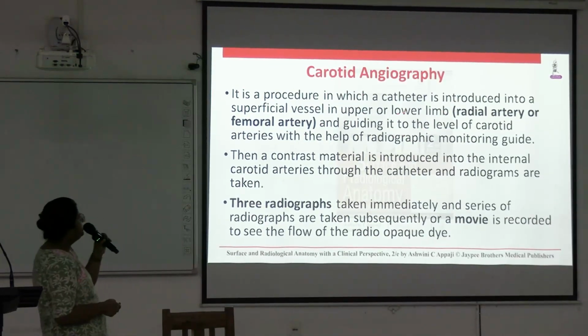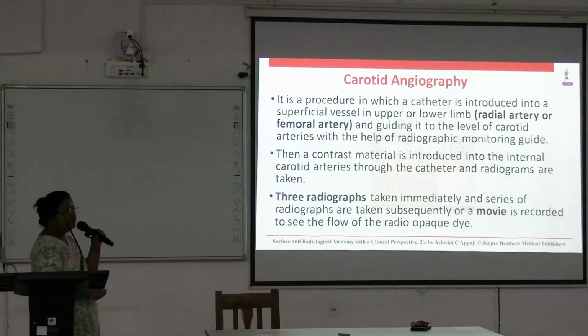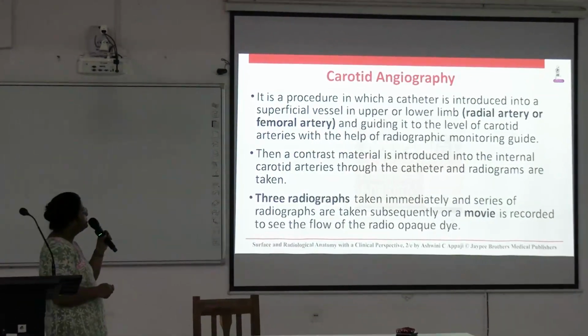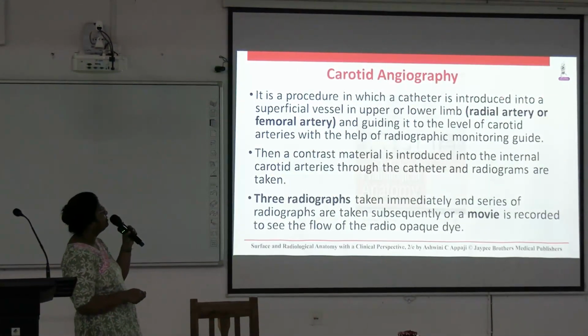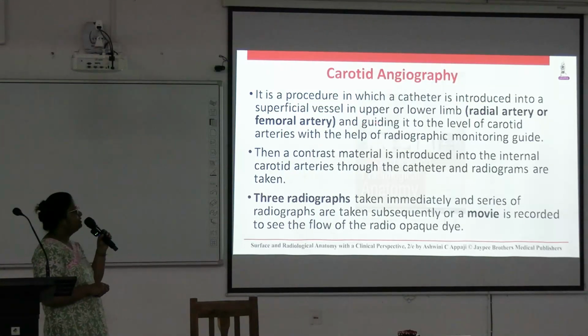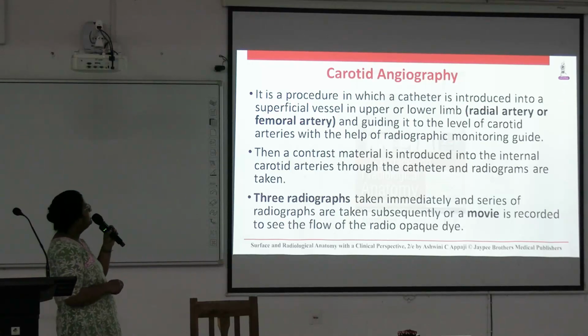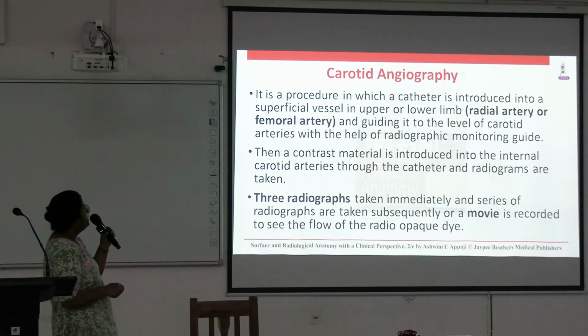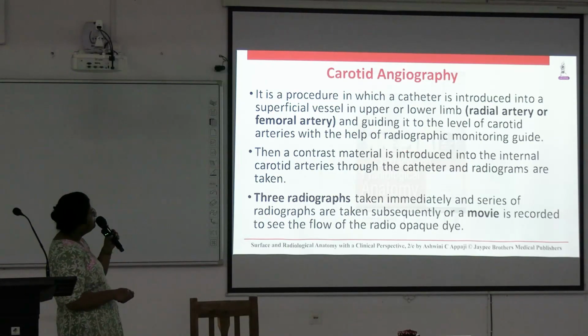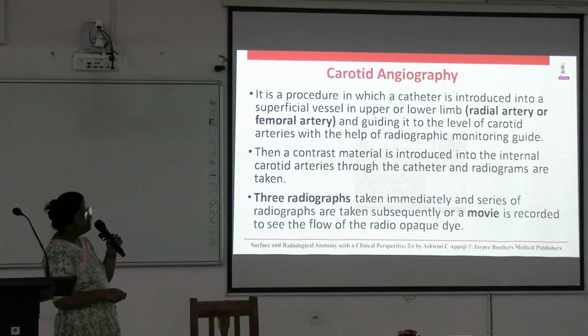First is carotid angiography. What is carotid angiography? It is a procedure in which a catheter is introduced into a superficial vessel in the upper or lower limb, the radial artery or femoral artery, and guided to the level of the carotid arteries with the help of a radiographic monitoring guide.